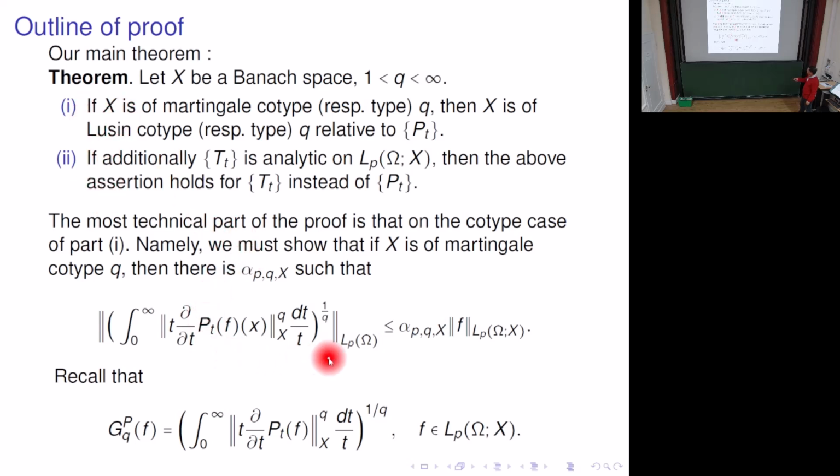So we have to prove this inequality. For example, if X is of martingale cotype q, then we have this upper estimate on this q-variant of the square function. That means we have to estimate the norm of G_{q,P}(F) by the norm of F itself. This is the most difficult inequality in the proof.